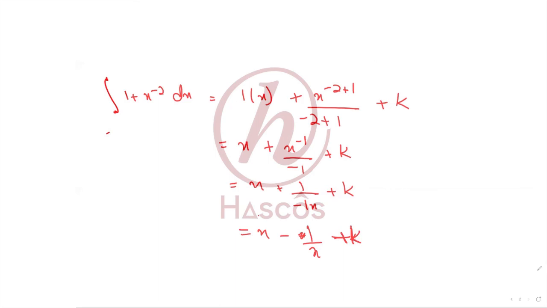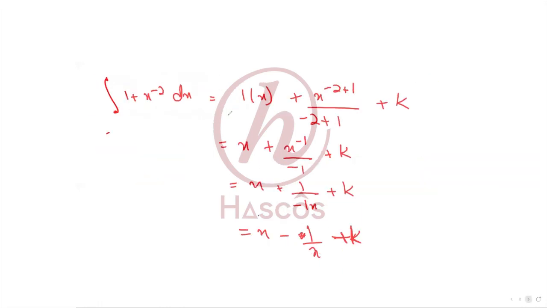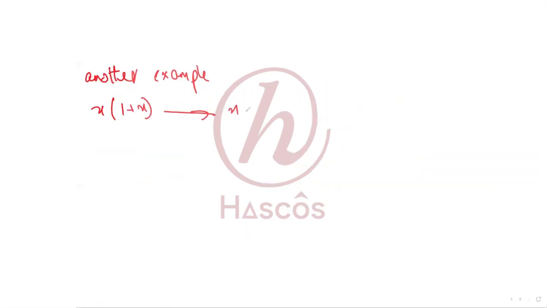Now let's try another example. Now this example is x bracket 1 plus x. This becomes x plus x squared.